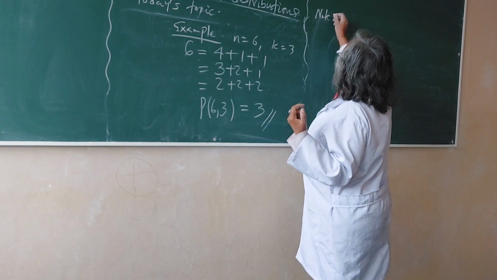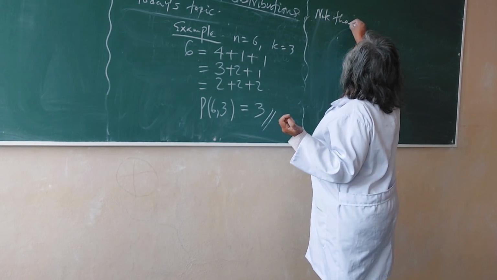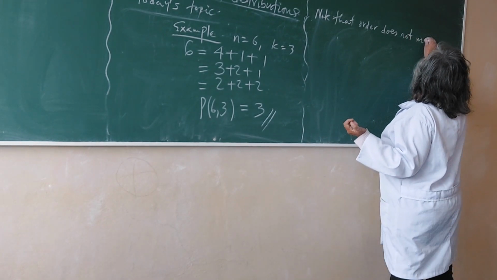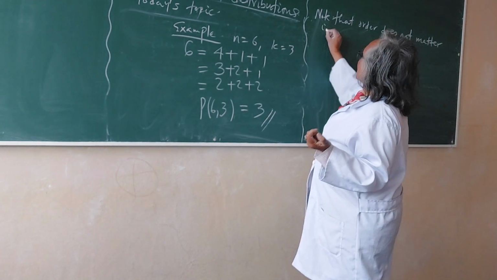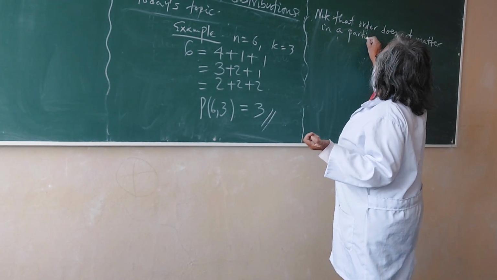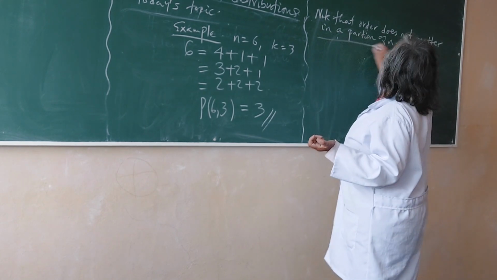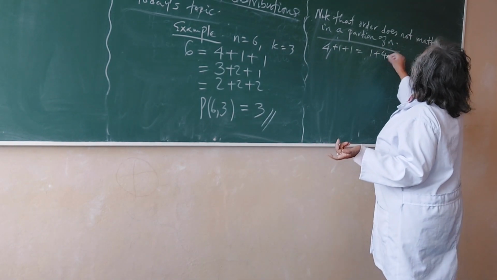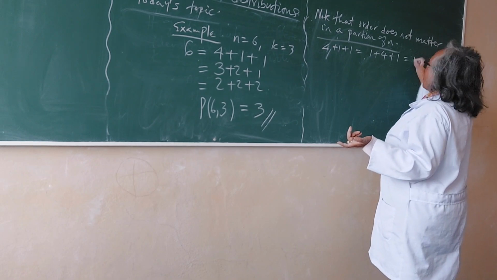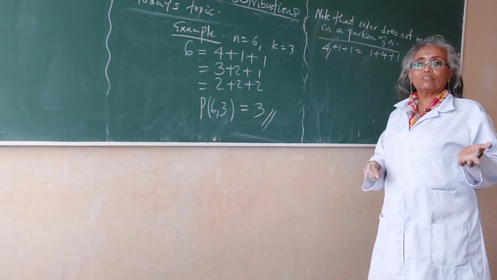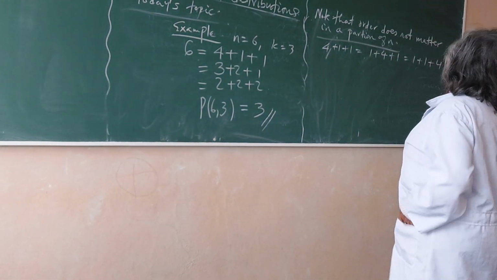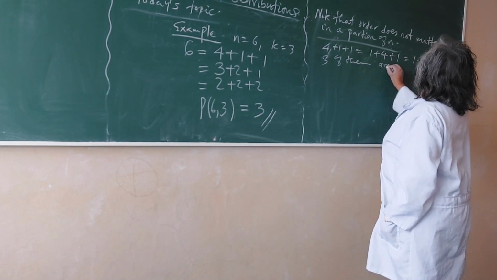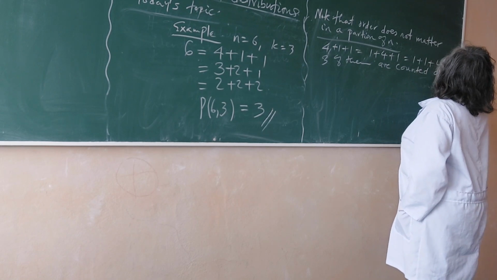So, let me add as a note that order does not matter in the definition of a partition of n. 4 plus 1 plus 1, 1 plus 4 plus 1, 1 plus 1 plus 4: there are only 3 permutations of this, and all of them are counted as 1.